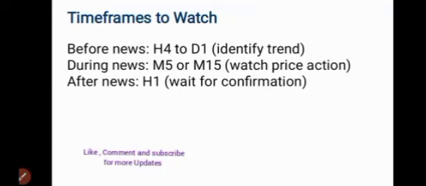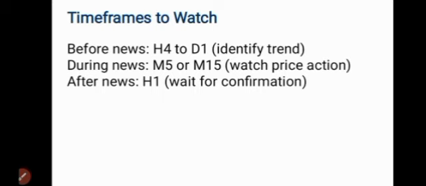News tends to occur for USD pairs or USD currency like USD JPY, USD CAD, GBP USD, Euro USD, and whatever. Most of USD pairs news tend to occur at New York session. So before news, the time to make analysis of a given trend, we will consider H4 and D1, daily, all right?